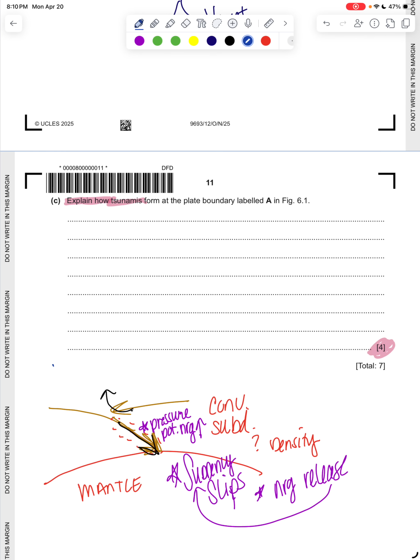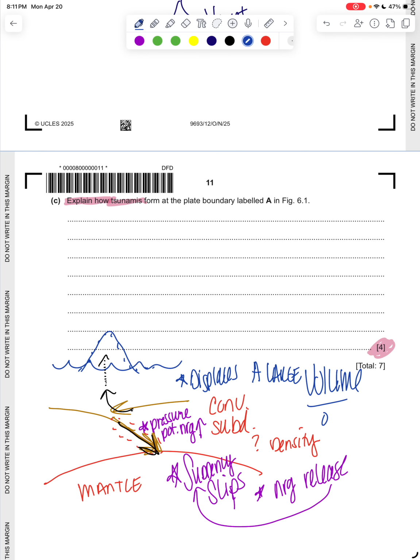And when it does that, it also lifts up all the ocean above it. And we're going to say for that, this displaces a large volume of water.